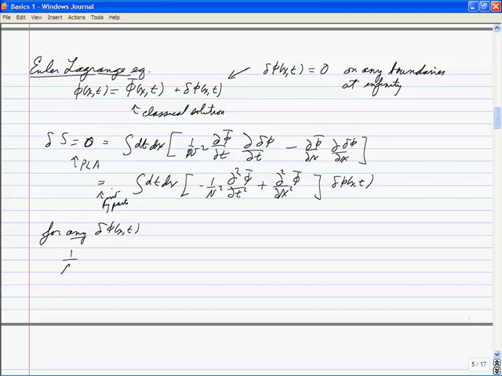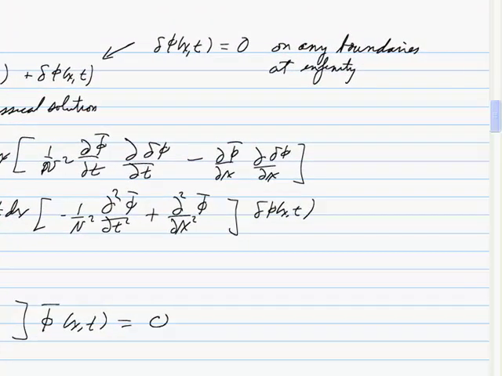And so we end up with the wave equation: 1 over v squared d by dt squared minus d by dx squared on phi bar of x and t equals 0. So that's the wave equation.